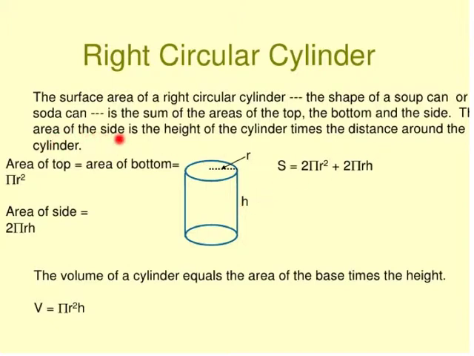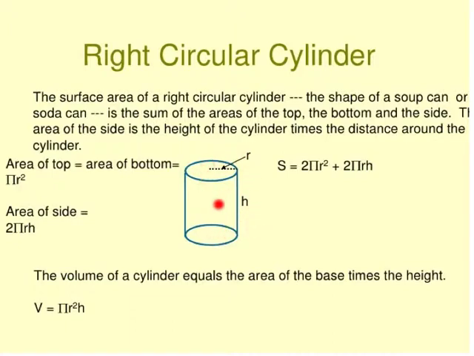The area of the side, the way you find that, is the height of the cylinder times the distance around, which is circumference, which is pi times the diameter. Okay? And then you would find pi times diameter, find the distance around, times it by the height. Then you're going to multiply that by 2 because the top and the bottom are exactly the same.